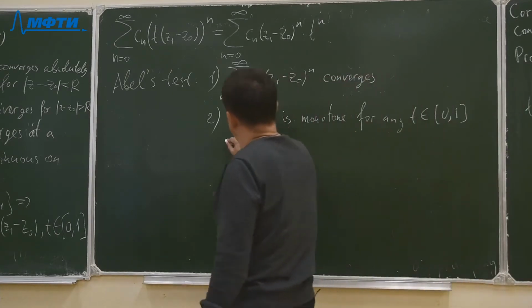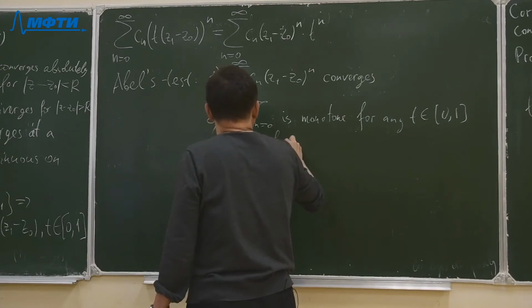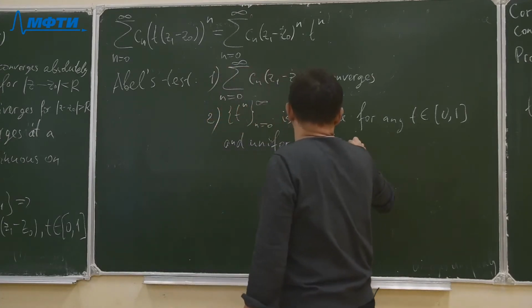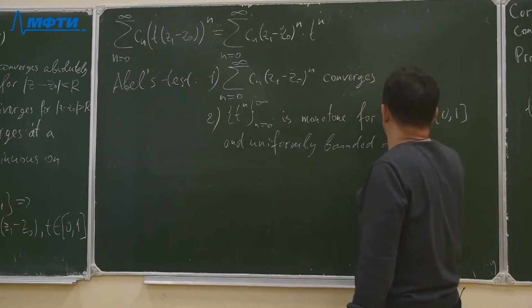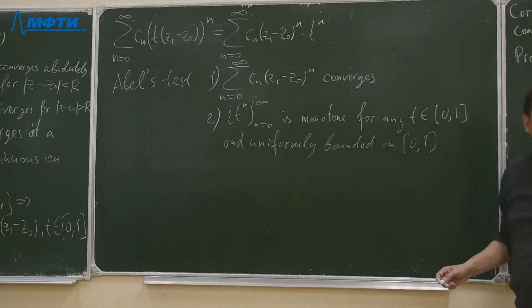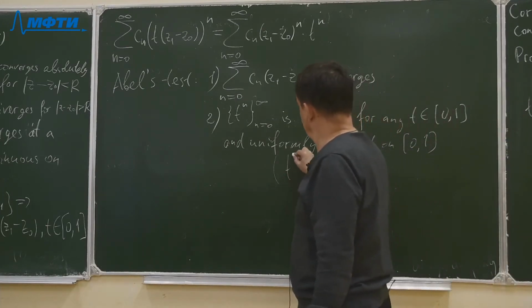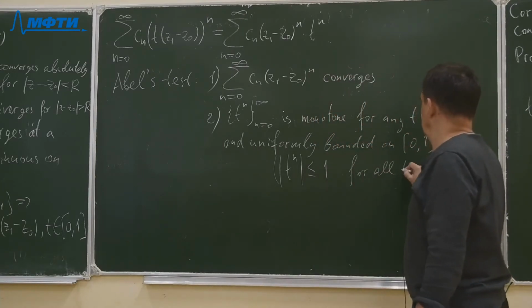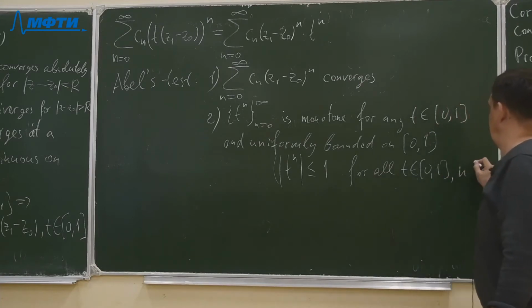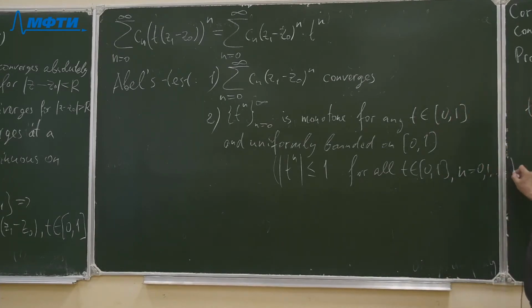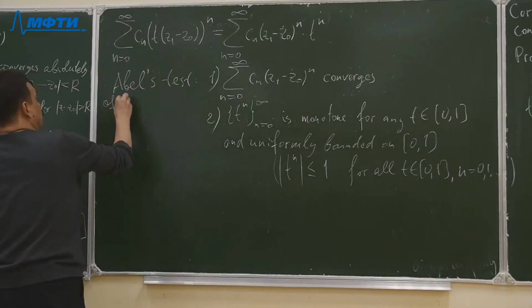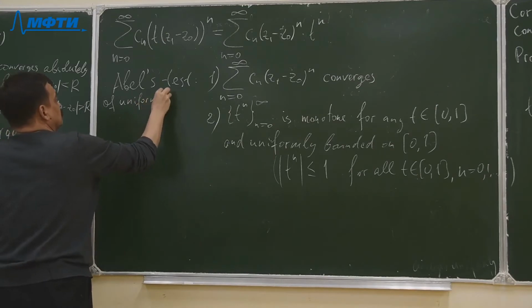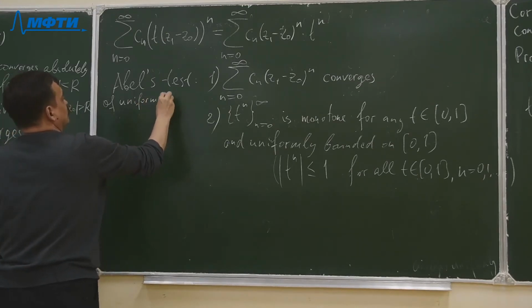and uniformly bounded on 0, 1. Why? Because t to the power n in modulus is less or equal to 1 for all t in 0, 1 and n equal 0, 1 and so on. That means uniform boundedness.